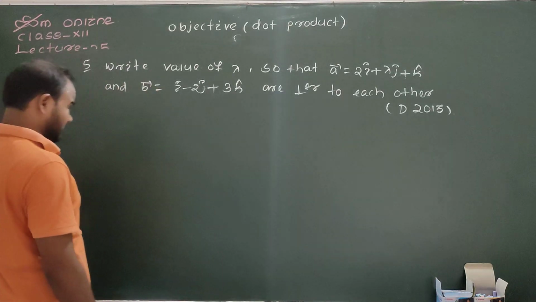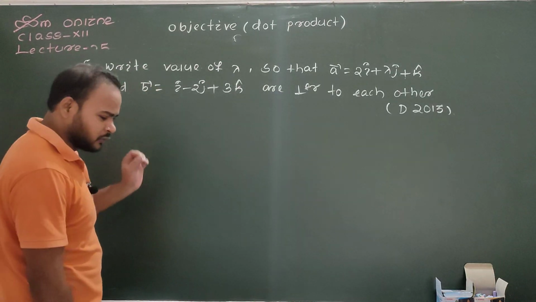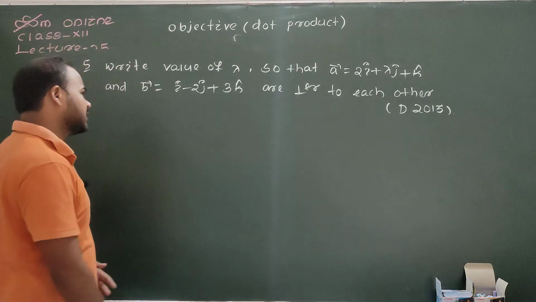Now we have to find the value of lambda, and we know that two vectors are perpendicular if their dot product is 0.